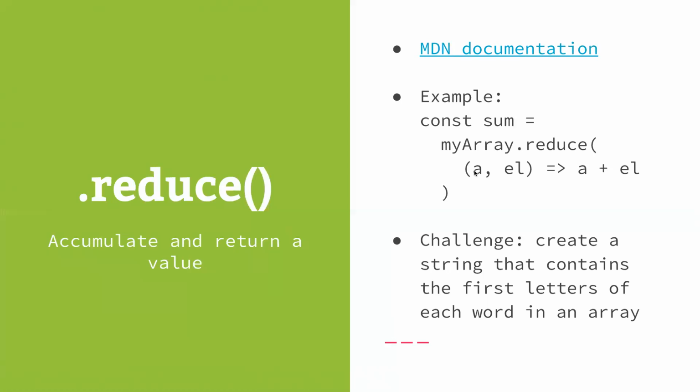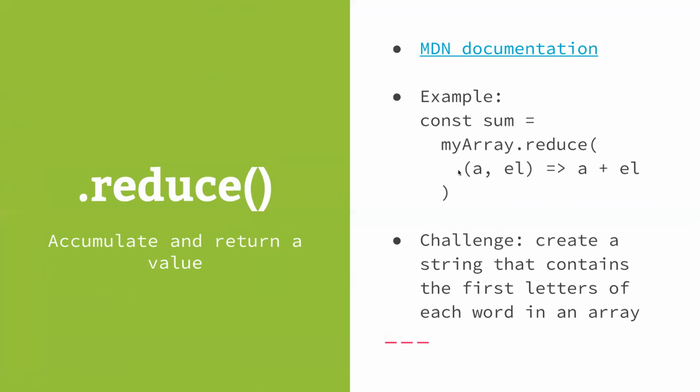So my accumulator here is A, and my element is an element. And it returns whatever your accumulator is plus, and then whatever you want to return becomes your new accumulator. So if I am running this on my 1, 2, 3, 6, when I start my accumulator as 0, it defaults to 0, although I can give another argument after my function and say what I want my accumulator to start as.